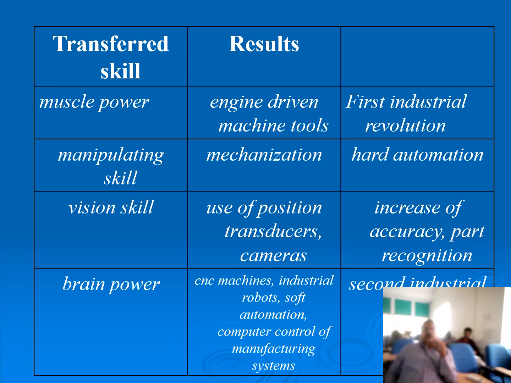When it comes to CNC machines, there is no question of brain power, because once the program is done, it keeps going. Examples are CNC machines, industrial robots, soft automation, and computer control of manufacturing systems. So this is the second industrial revolution.